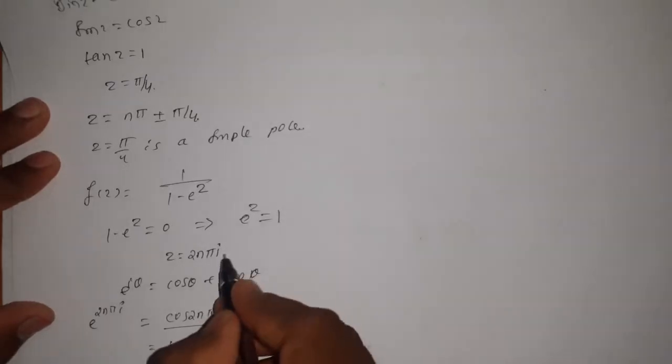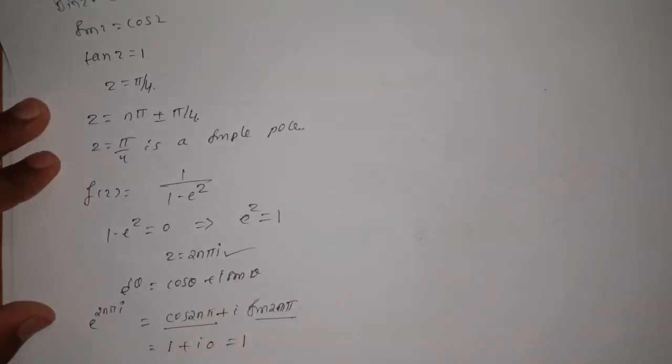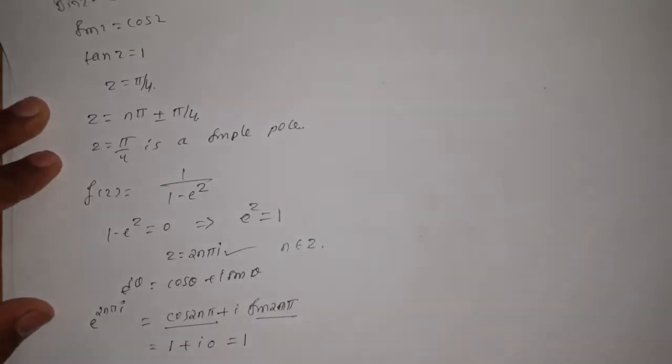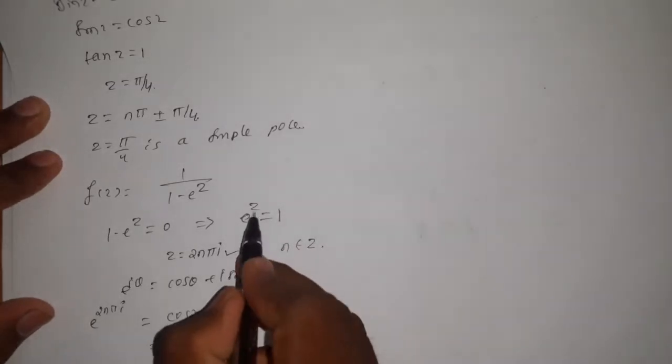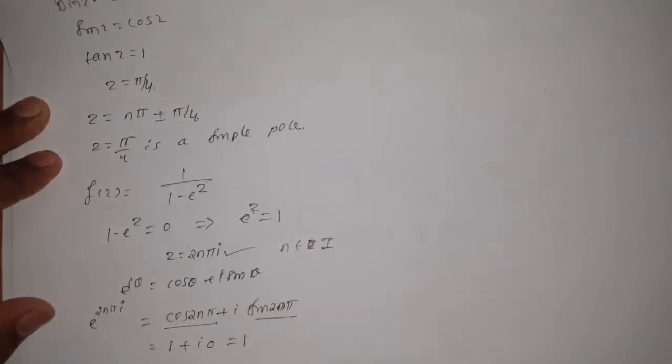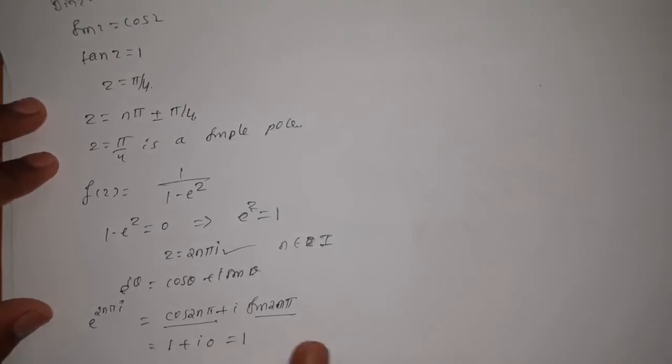So therefore z equal to 2n pi i is the pole of the function, where e power z equal to 1, and n takes any integer value. So here n belongs to the set of integers, not this z. This z is different. Otherwise you can write it as the set of integers.